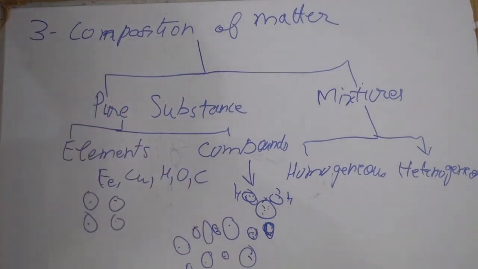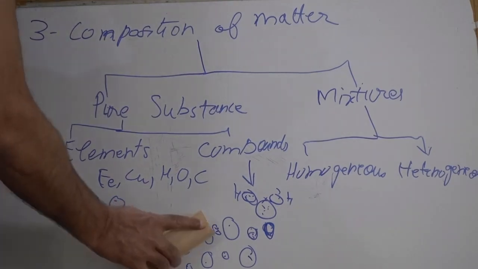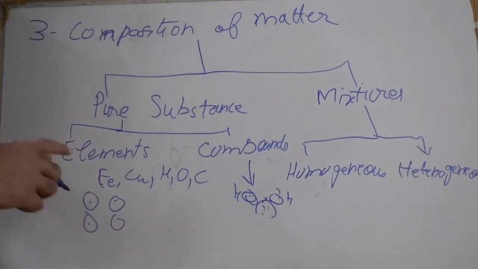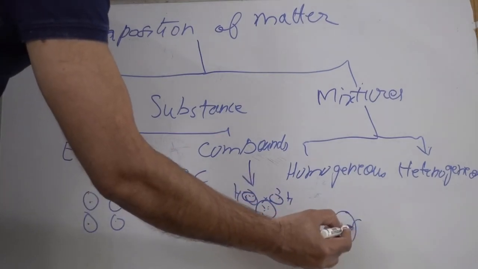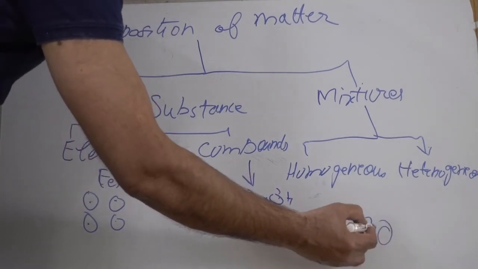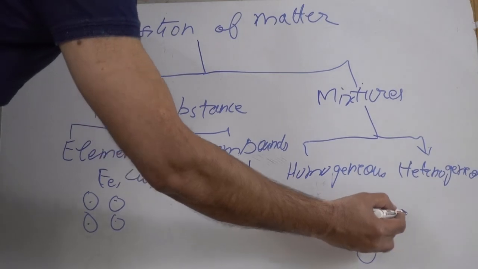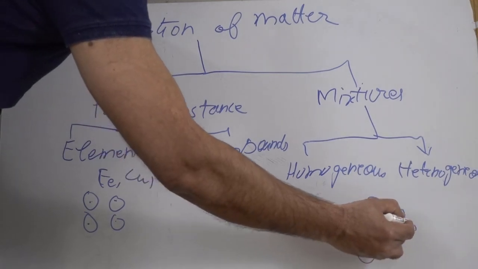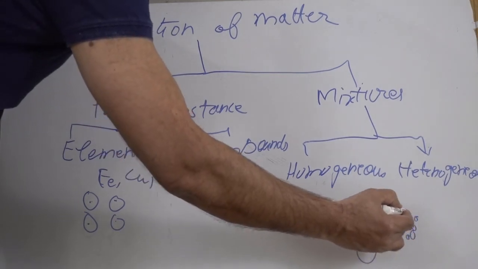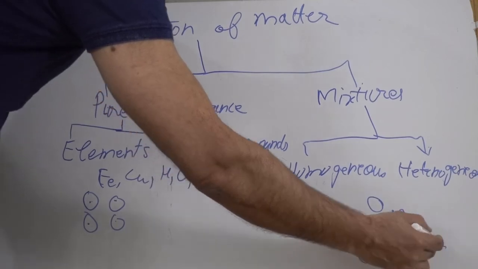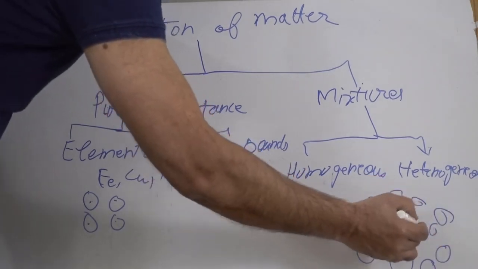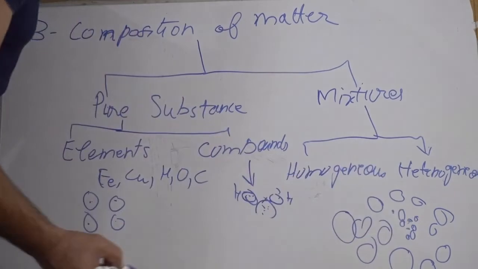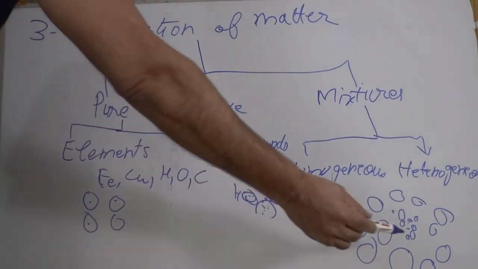And if the composition is not like this, but instead like this, so what do you see here?